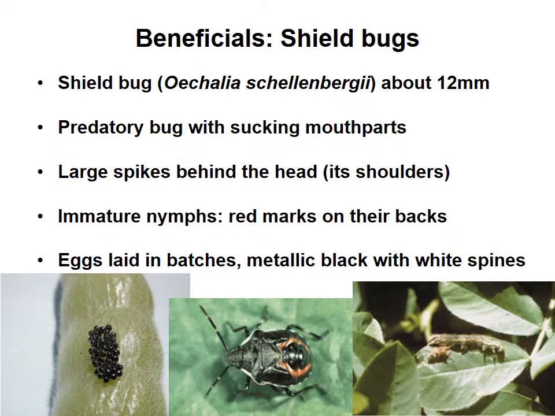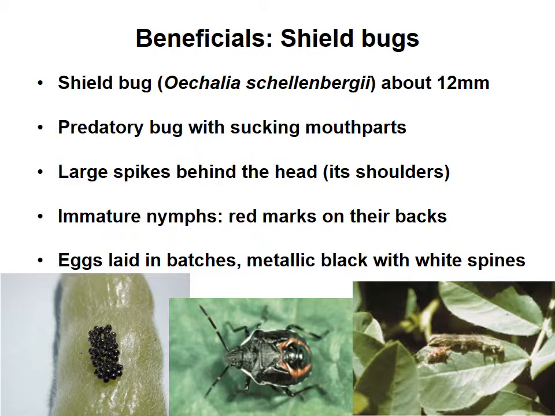Next we have the shield bugs, otherwise known as stink bugs. These are about 12 millimetres in length. They are predatory bugs with sucking mouth parts. They have large spikes behind the head, which forms its shoulders. Immature nymphs, such as that pictured here, have red marks on their backs.